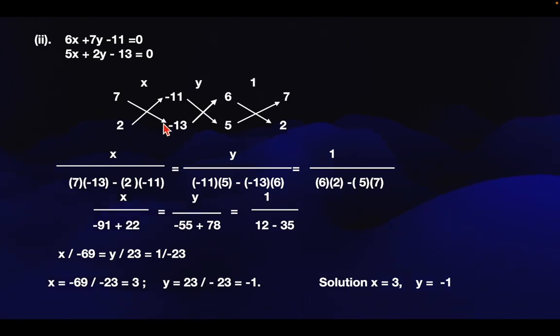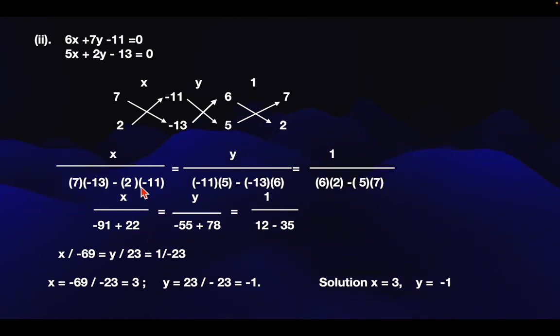Okay, put the arrows like this, and here again we write down first the numerator x upon 7 into -13 minus 2 into -11, is equal to y upon -11 into 5 minus -13 into 6, is equal to 1 upon 6 into 2 minus 5 into 7. Then simplification is very easy.